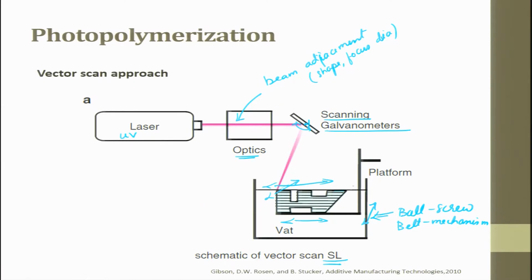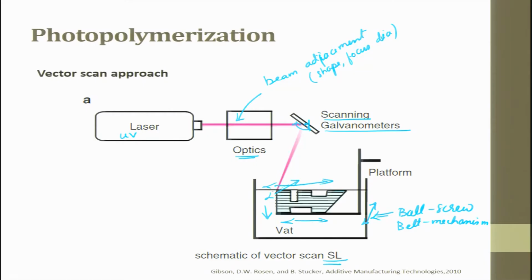Once a single layer is cured, the table is moved down by the required layer thickness, whatever layer thickness you have assigned, and it sinks down. Then once the cured object sinks down, fresh photopolymer fills on top of it. Again the laser hits on top of it and starts curing it.